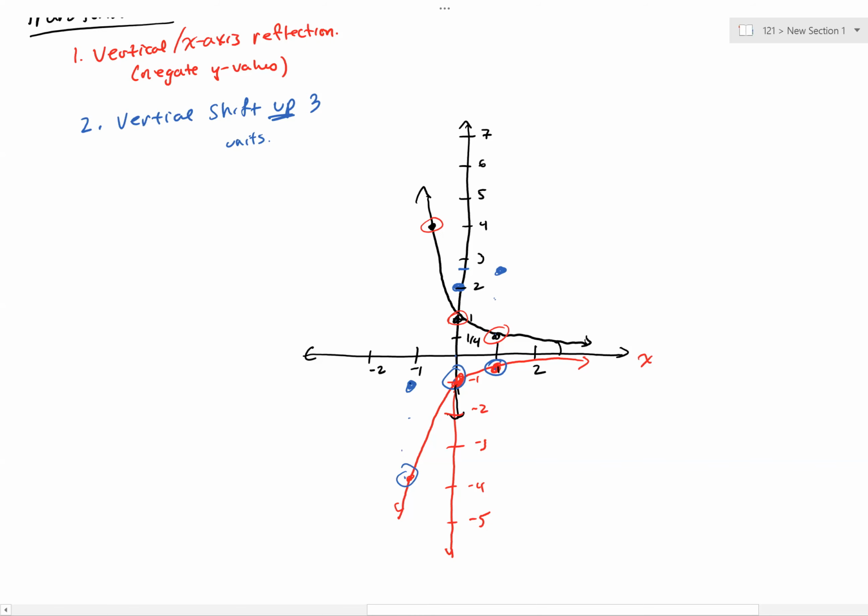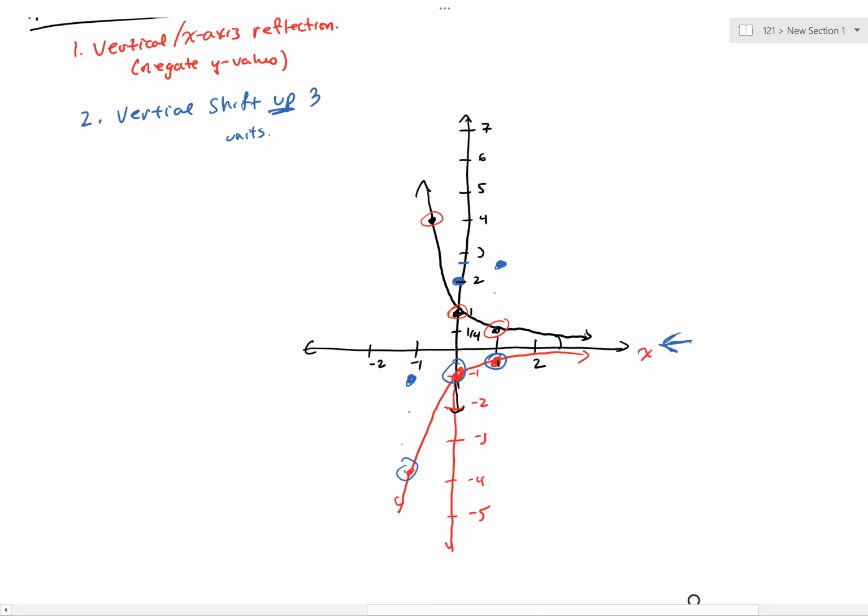Now, before you sketch your final graph, just like we saw in the previous example, since there was a vertical shift that changes your horizontal asymptote, the horizontal asymptote moves with the points. So it used to be here at y = 0. When we flipped it over the x-axis, when we did that x-axis reflection, the horizontal asymptote did not move, right?